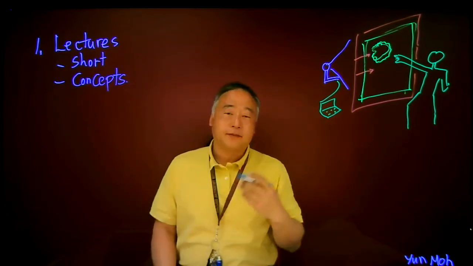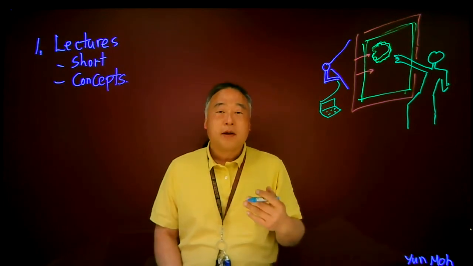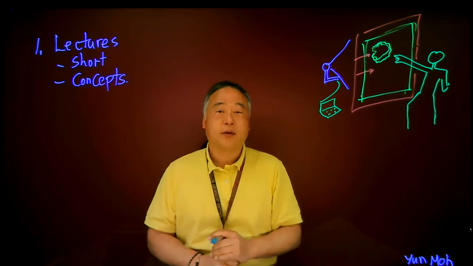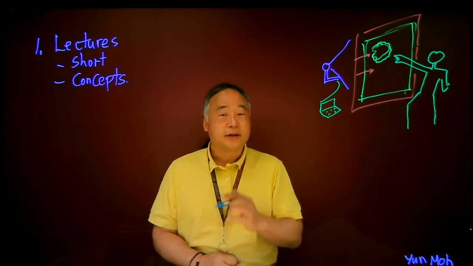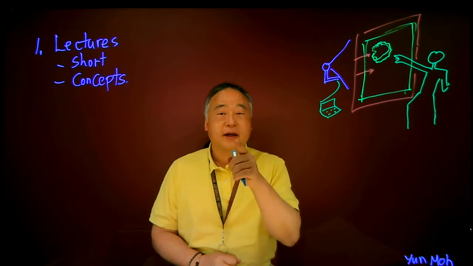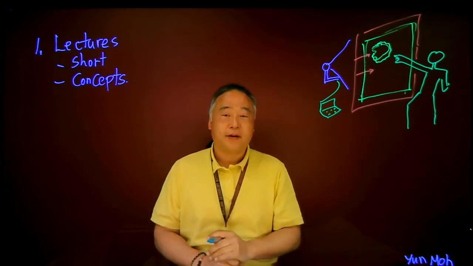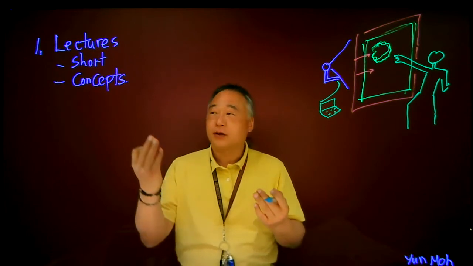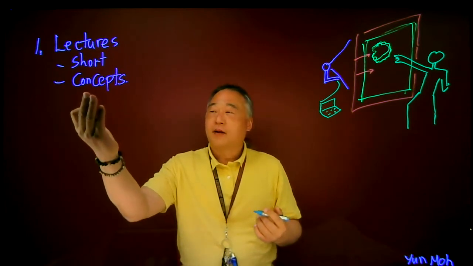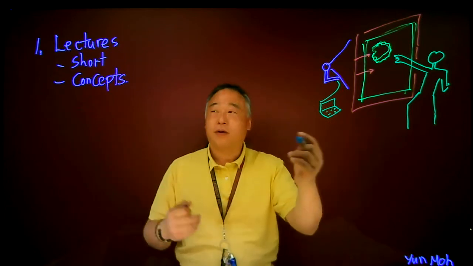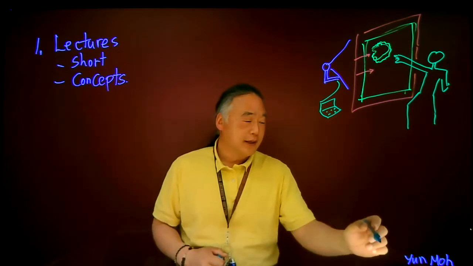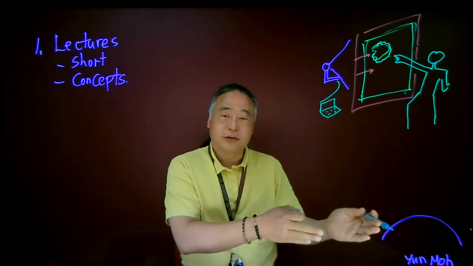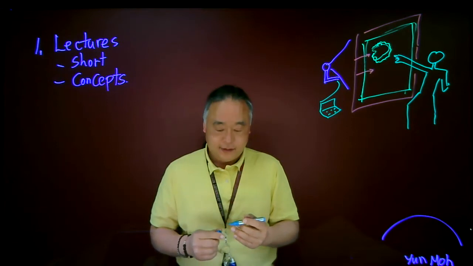So at the beginning of a class or module, you want to introduce the key concept, and this will be a great way to present it. As you can see, when I am looking at the camera over there, you may feel that I'm actually talking to you. And also I can write things and draw things, and also I can circle things around, so I can kind of draw attention to a certain area that I want to discuss.